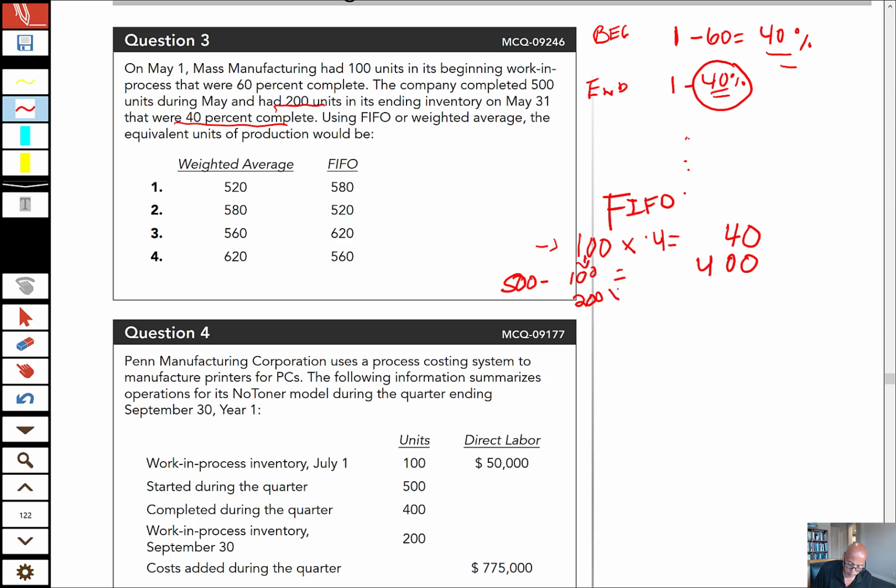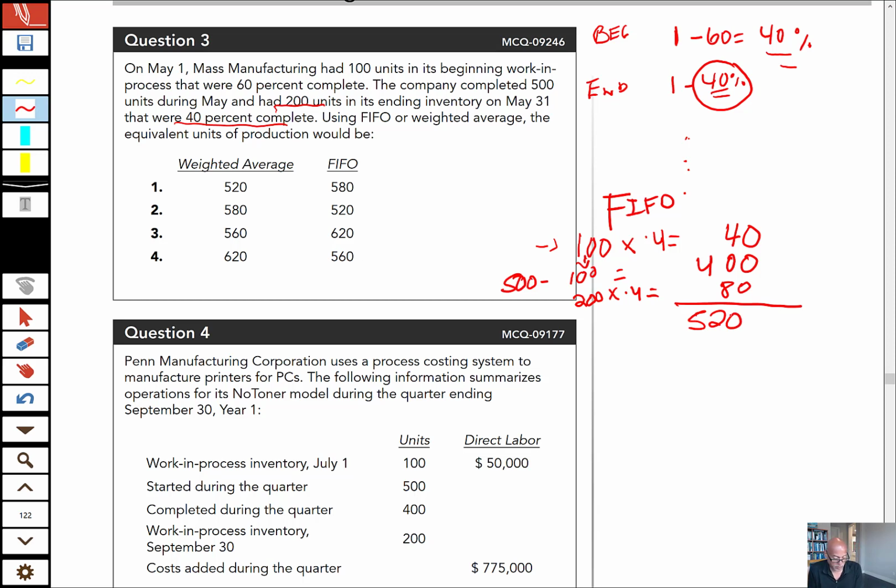So 200 times 0.4, if I'm doing my math right, is 80. I add these guys up, and 40 plus 400 plus 80, if I'm hopefully doing my math right, should give me 520.